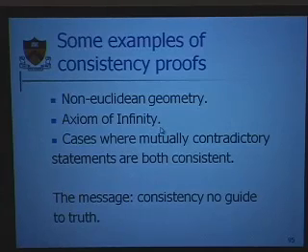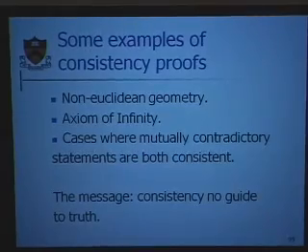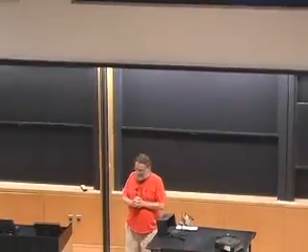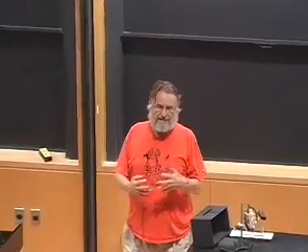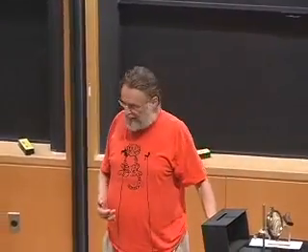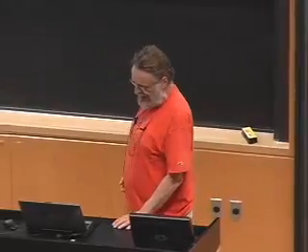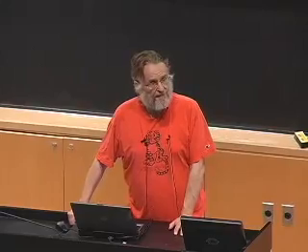The one I like most is a rather less familiar one, but it's easier to understand what goes on. In set theory, there's an axiom called the axiom of infinity, whose sole function is to guarantee that infinite sets exist. Now, regardless of what you think about whether that axiom is likely to be true or not, there's a wonderful proof of the consistency of the denial of that axiom.